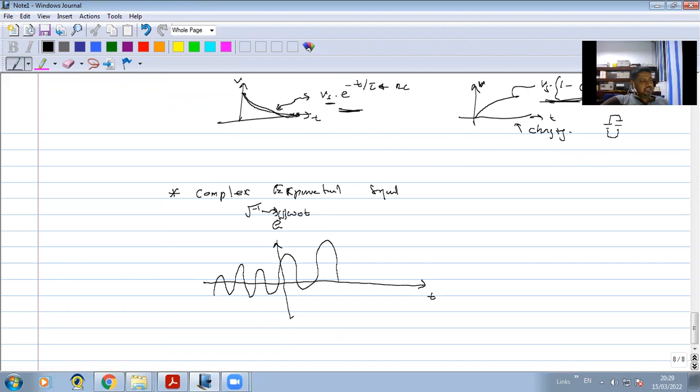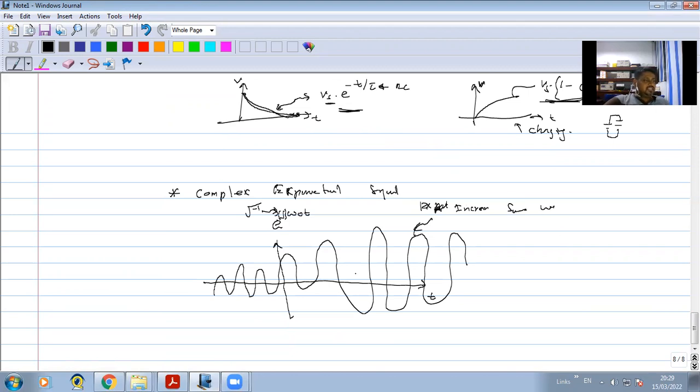It is a sinusoidal signal, but the amplitude is increasing. So we normally refer to this as an exponentially increasing sinusoidal wave.